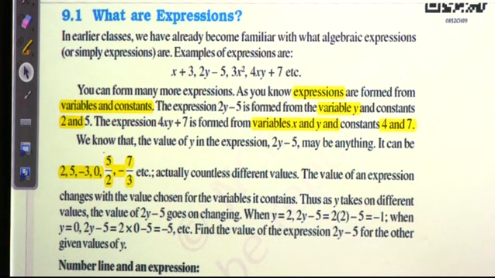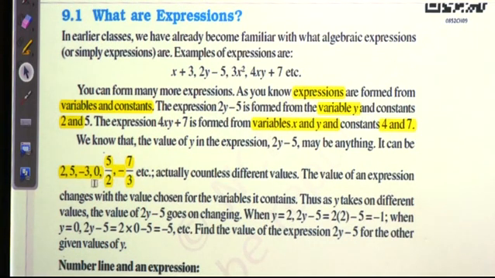Now we shall take a few examples. The expression is 2y minus 5. We shall select two values, 5 upon 2 and minus 7 upon 3.